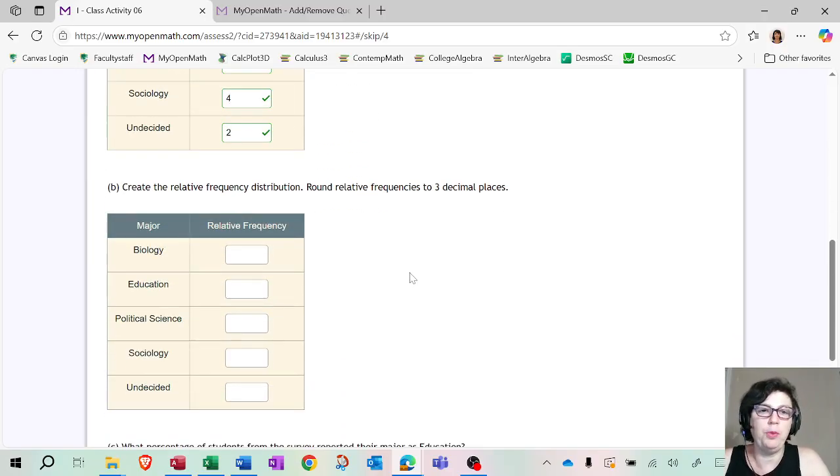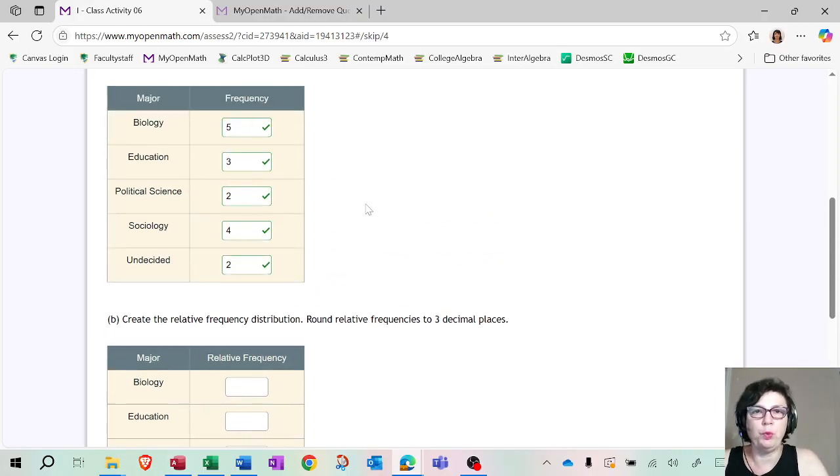So next I need to compute relative frequency. If you only had a simple calculator, what would you have to do to compute relative frequency? Well, the relative frequency is defined as each frequency divided by the total frequency. In other words, you have to add them all up.